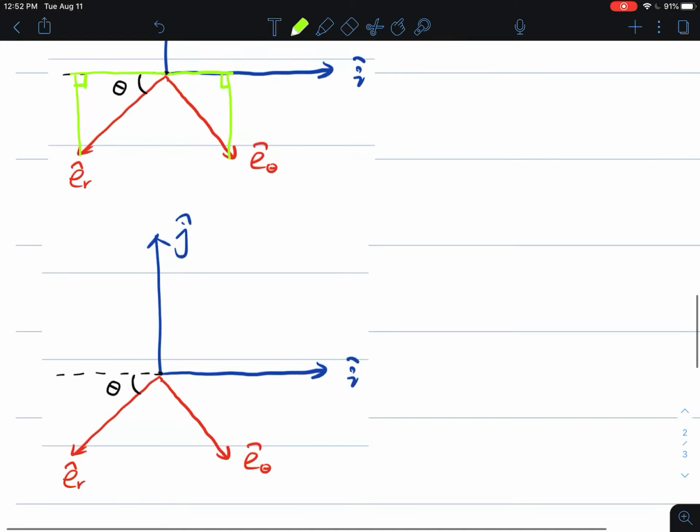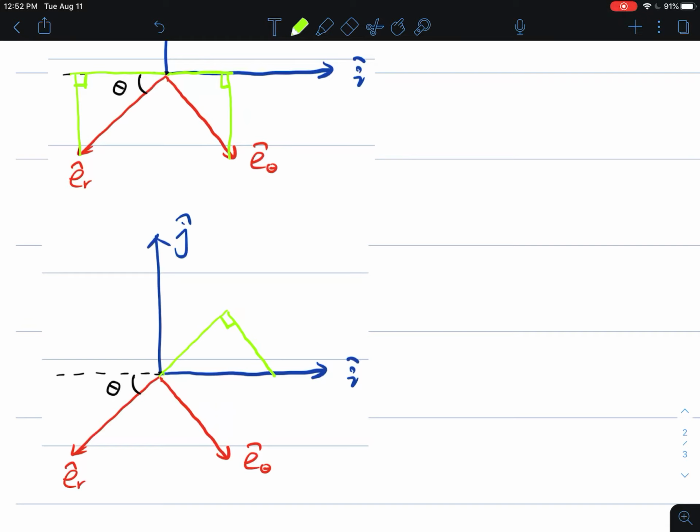In this case, I would extend ER in the negative direction. So this is my first edge of that triangle. Another edge of the triangle would be parallel to E theta direction. Okay, this is the 90-degree angle. All right, now we finished the first triangle.